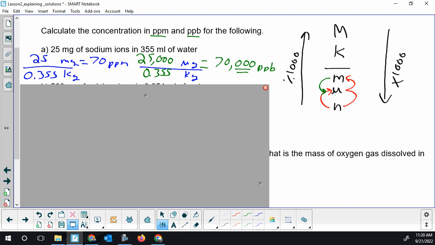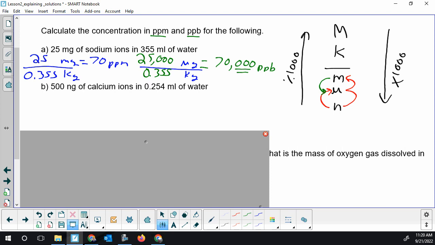There's always a 1,000 times difference between the two. So if I had 10 parts per million, that'd be 1,000 parts per billion. Parts per trillion is just multiplying by 1,000 one more time. So with B, you could do million and billion, or just do parts per million and multiply by 1,000. I'll give you a minute or two to finish that up, and then we'll recap that answer.